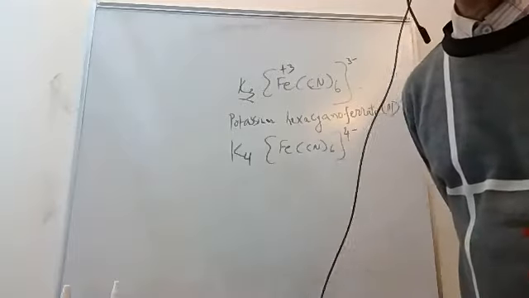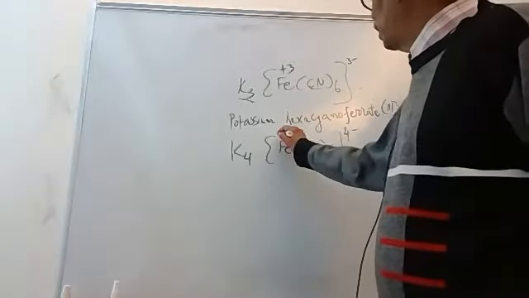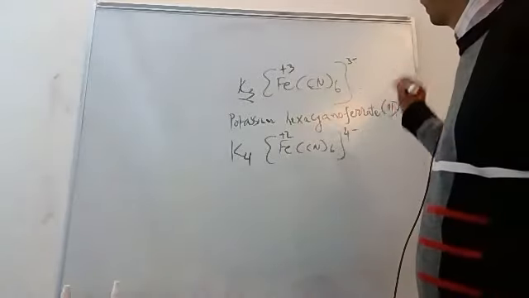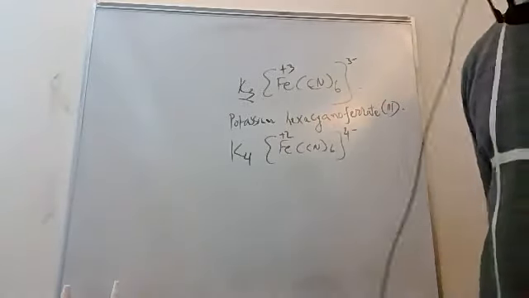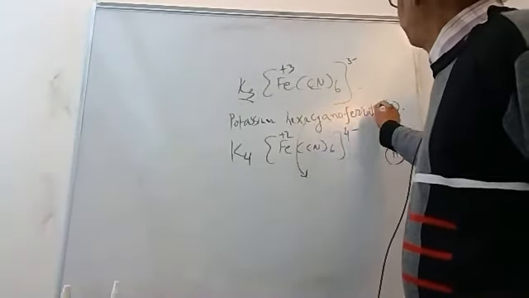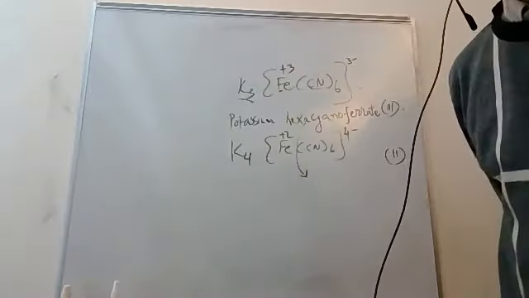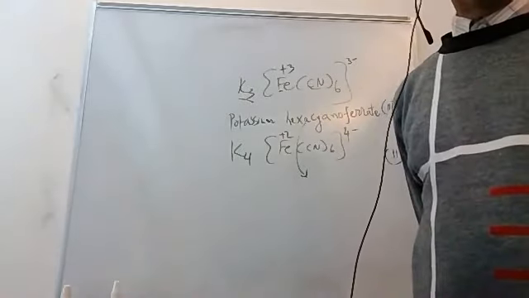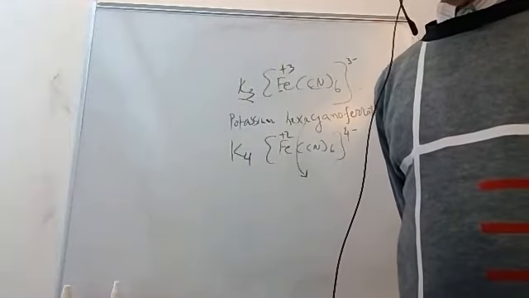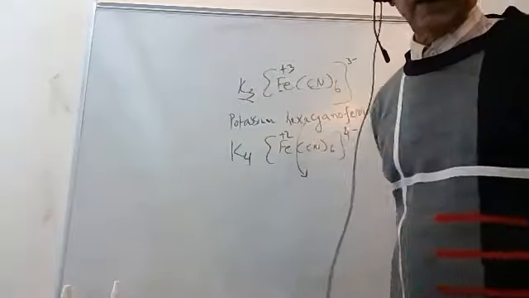Excellent. So then the iron's only +2. Iron is +2, yes. So it's potassium hexacyanoferrate 2. Absolutely correct. So same thing here. The only difference is instead of ferrate 3 in the previous example, this is now ferrate 2. You see K3[Fe(CN)6], K4[Fe(CN)6].